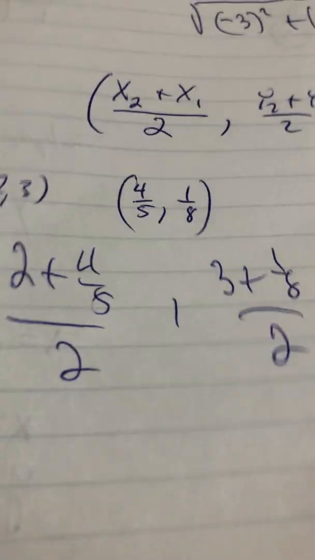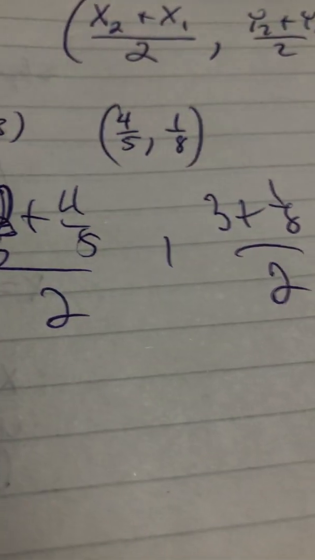So we're going to go 2 plus 4 over 5, divide that by 2. And then we're going to go 3 plus 1 over 8 and divide that by 2. Well, we should get a common denominator. So I need to multiply top and bottom over here by 5. So this will become 10 over 5.